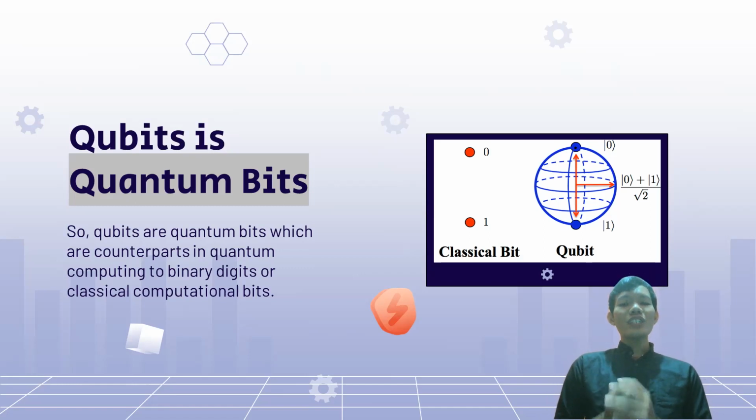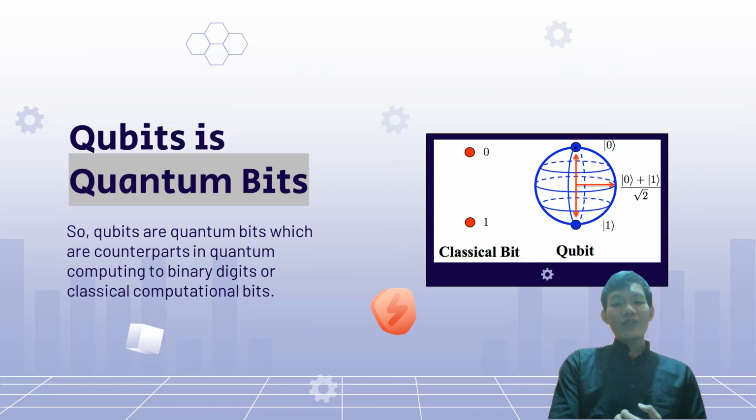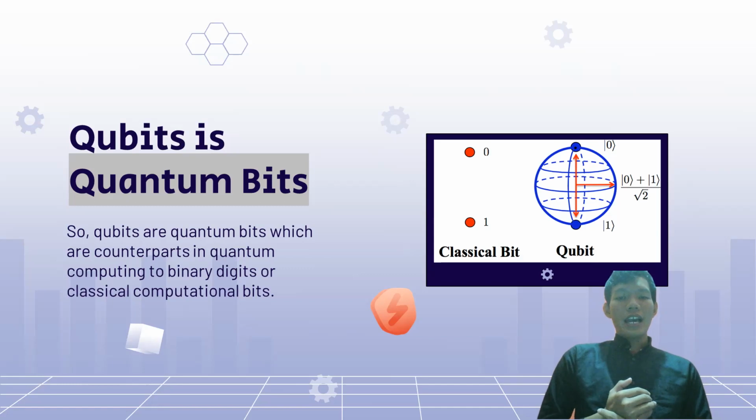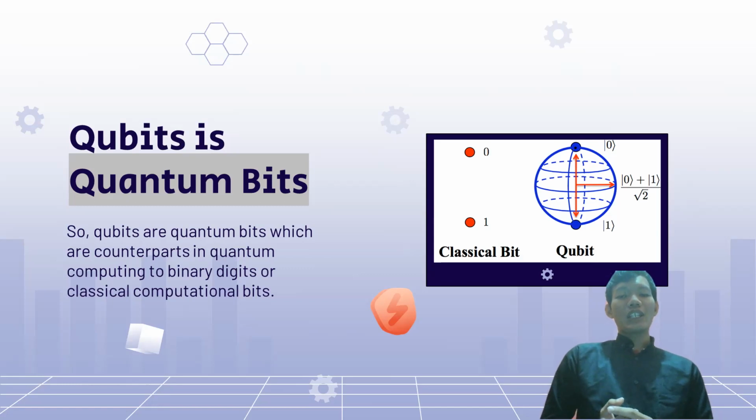Qubits have some unique quantum properties that, when grouped and connected, can provide far greater processing power than the same number of binary bits. One of these properties is known as superposition, and the other property is known as entanglement.